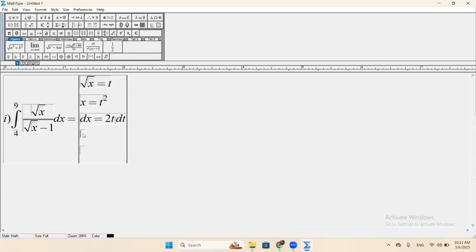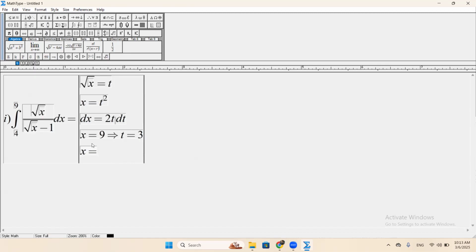And then what to do with the bounds of integration? Also, they will be modified. So when x equals 9, t equals 3.